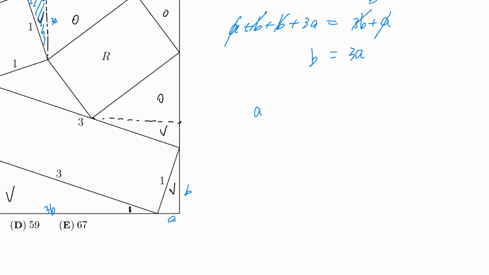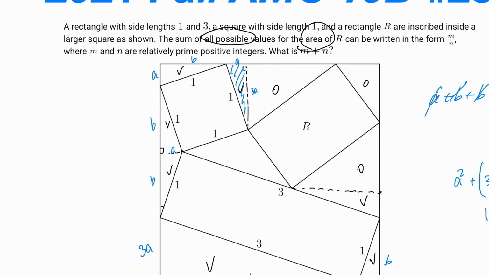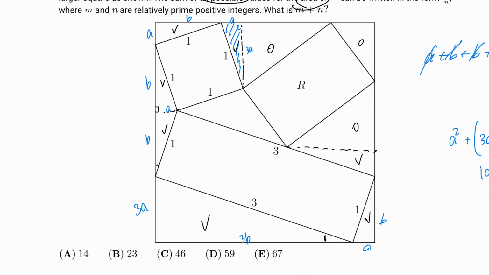We would get A squared plus the quantity 3A squared is equal to 1. So 10A squared is equal to 1. So A squared is equal to 1 over 10, or A is 1 over square root of 10. However, that number is kind of tricky to tackle, so we can scale everything in the figure by square root of 10, just remembering that at the end we scale back.